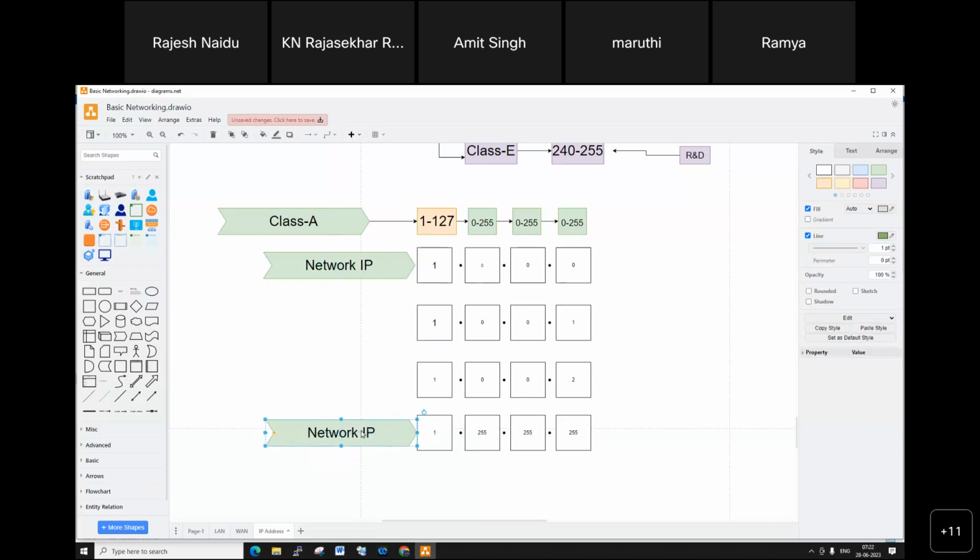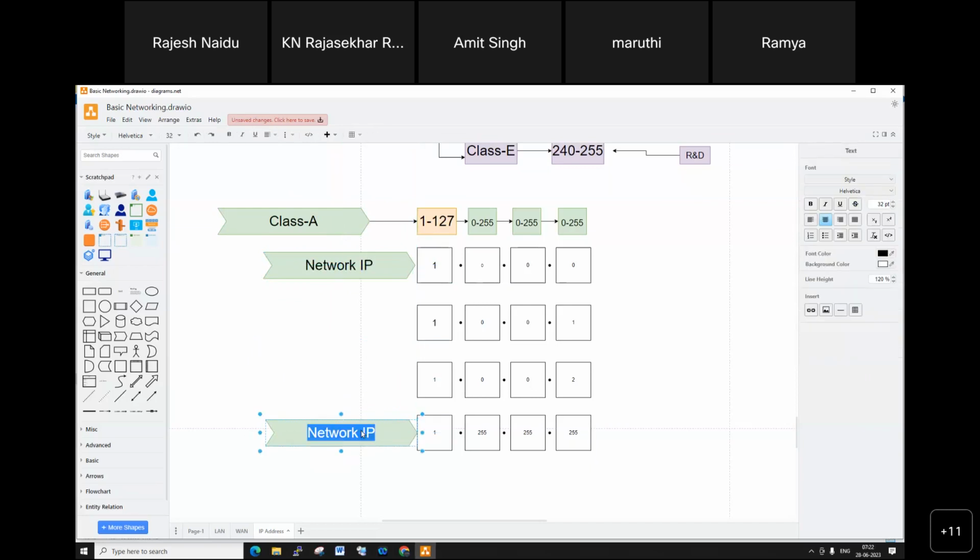What is the ending IP called? Broadcast IP. So an IP address that starts with any number and ends with a 0 is called a network IP, and one ending with 255 is a broadcast IP.